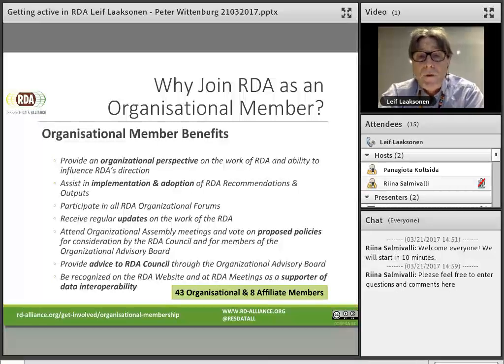There is another way of joining RDA as well, and that's as an organizational member. And if an organization decides to join RDA, there is a small price tag attached to that, because as an organizational member, you have the opportunity to interact more closely with the RDA organization.